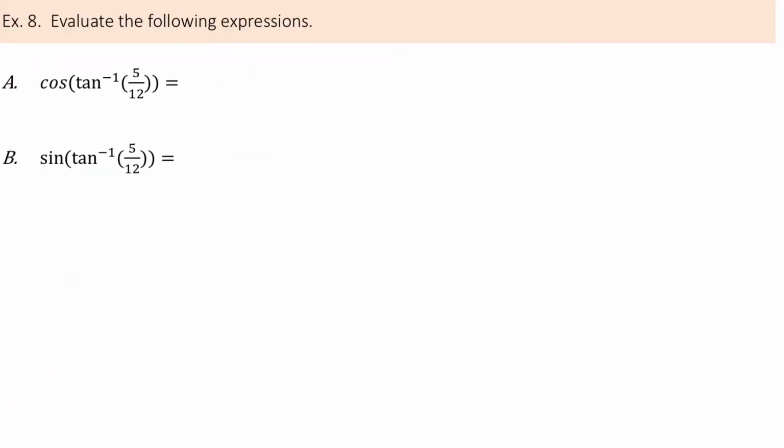Okay, now these are triangle problems here, because you're taking the cosine of an angle, so we're looking for a side ratio, and here you're taking a sine of an angle. Remember, inverse trig functions give you angles, so we're looking for a side ratio. So we've got these two side lengths given in terms of an inverse tangent function. So I just drew a general triangle, and let's just randomly say this is our acute angle theta that we're talking about.